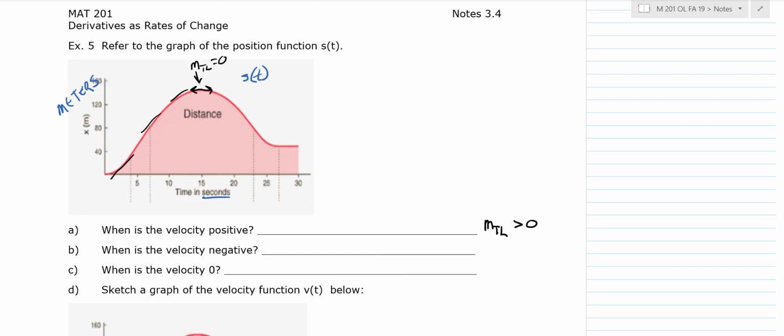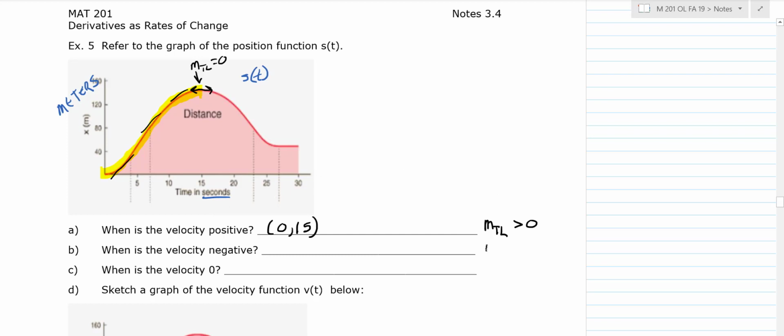So from here to here, you've got a positive velocity. It looks like on this, we'll go from 0 to 15, that's 15 seconds. Just use an open interval on that. Okay. And then when is the velocity negative?